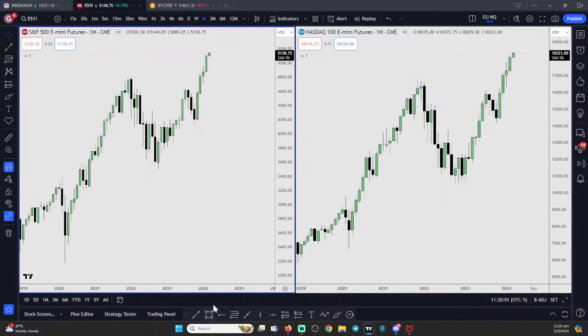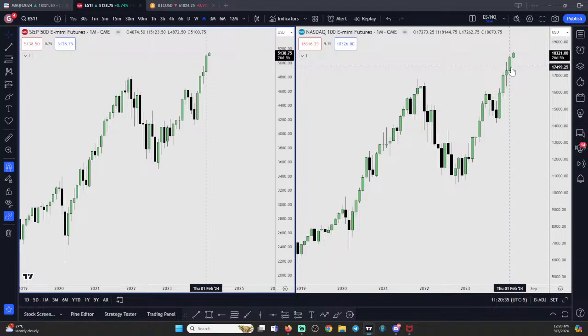So if you take a look at February's candle, the opening price for ES is 4874.5, but the low was 4872.5, so it's only about 2 points, and then we got this huge expansion higher. Similar to NASDAQ here, the opening price is 17273.25, and the low we had was 17262.75.